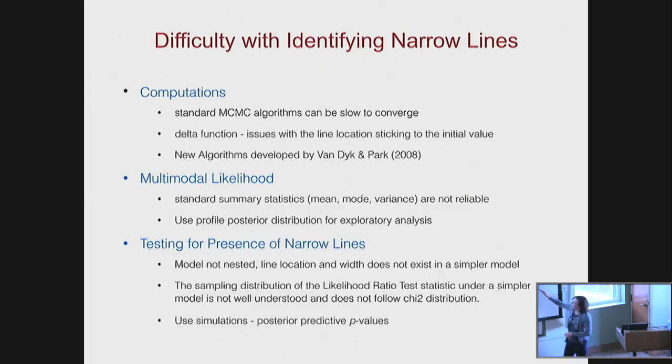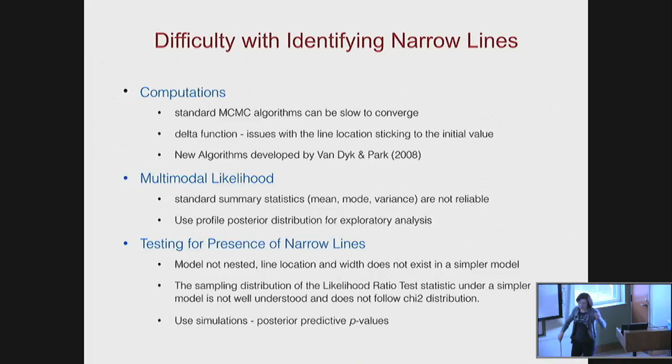So there was a computational issue right away when we looked at this, and David van Dyk and Taeyoung Park developed some algorithms which were able to deal with that. These are Gibbs samplers and partially collapsed Gibbs. In that paper, they describe those. The next big issue when you're looking for narrow lines is that you have a multimodal likelihood.